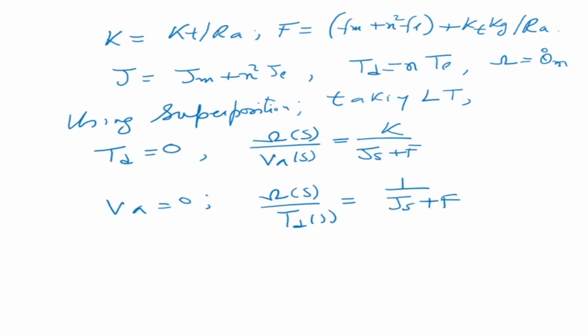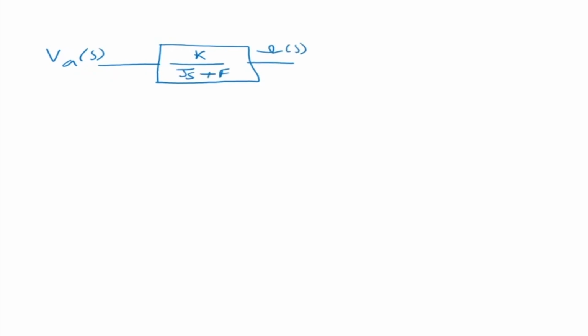And if I draw the block diagram now, this is where the use of block diagram is, which we studied in the last class. The first one is VA(s) as input, and the block here is K by (JS plus F), giving omega(s).